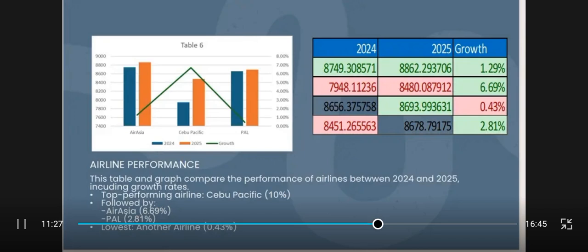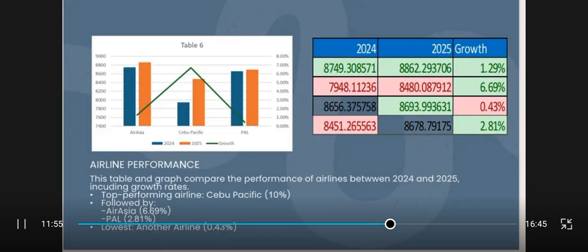In 2024 we have 8,749.3,800,571, and in 2025 we have 8,862.29,3,706. So the growth is 1.29%. So the third one is PAL.